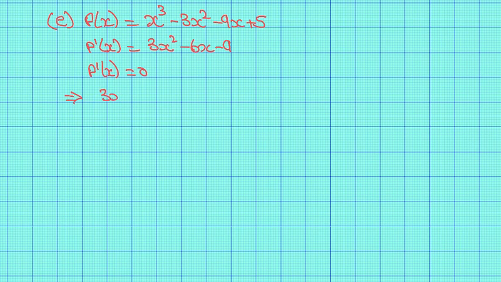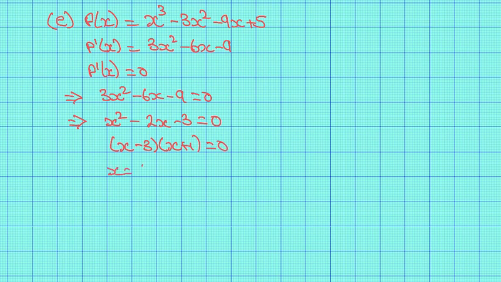Therefore, we want 3x squared minus 6x minus 9 equal to 0. Therefore, we got x squared minus 2x minus 3 equals 0. So we've got x minus 3, x plus 1 equals 0. So x equals 3, or x equals minus 1.